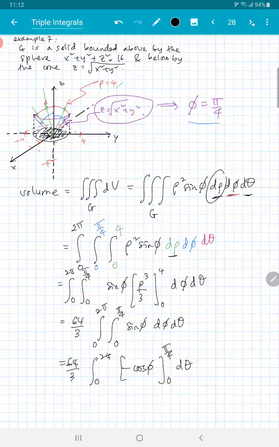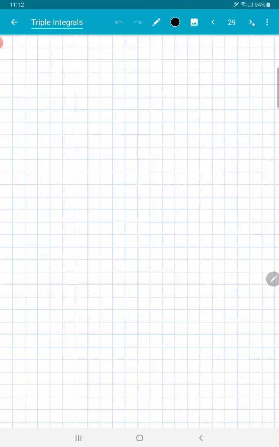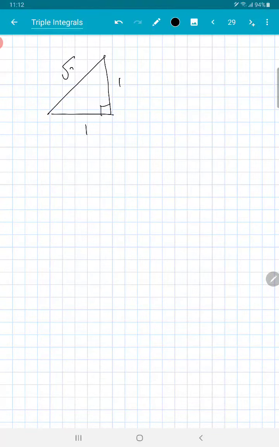If you recall from high school, we have this triangle where this side is 1, this side is 1, this is root 2, and these angles are 45 degrees. Well, pi over 4 is 45 degrees. This one is in radians, this is in degrees.